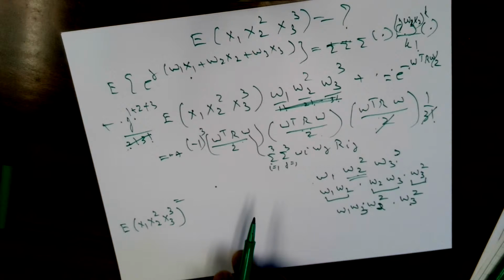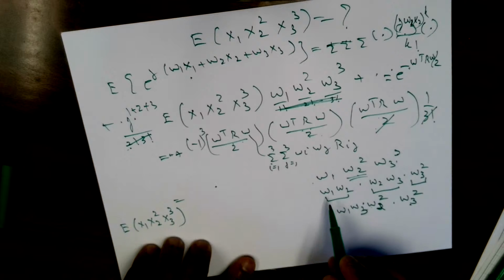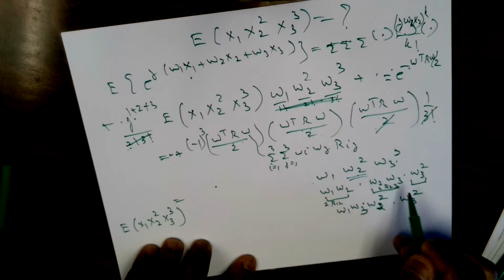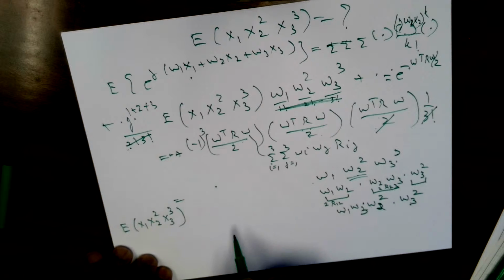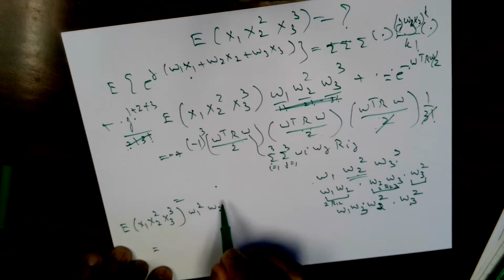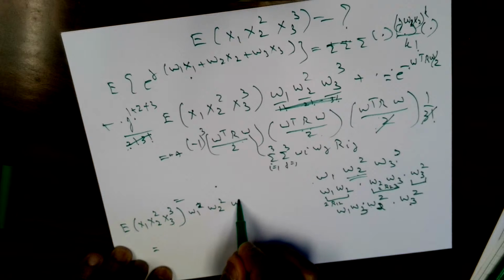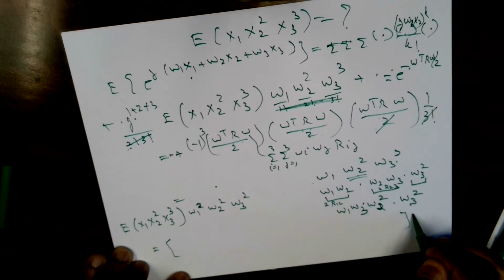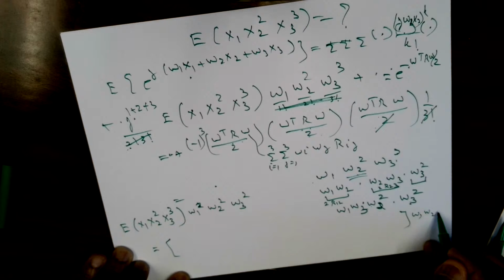Omega 1, omega 2, the coefficient is 2r12. Here the coefficient is 2r23. And so I can just write down this, multiplied by omega 1 squared, omega 1, omega 2 squared, omega 3 squared.